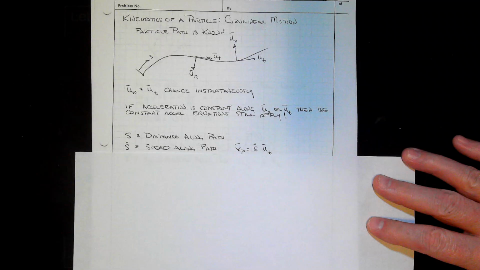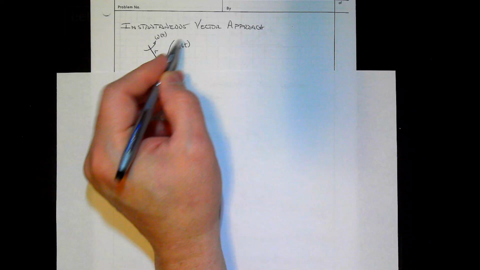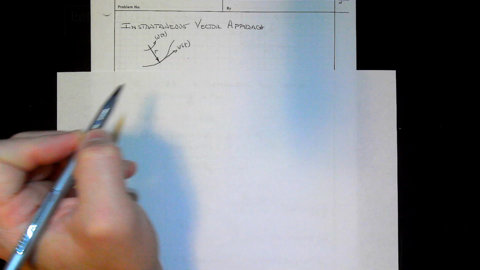The key here is that the path could be curved, so we have curvilinear motion. That's what this picture shows. Here's a path, and it is known. Taking this point here, there's a tangential unit vector, and if the path is curved at this moment, there would be a normal vector that points towards the center of curvature.